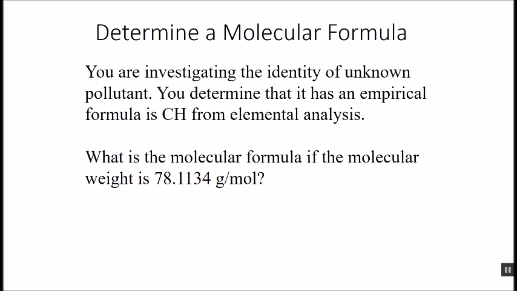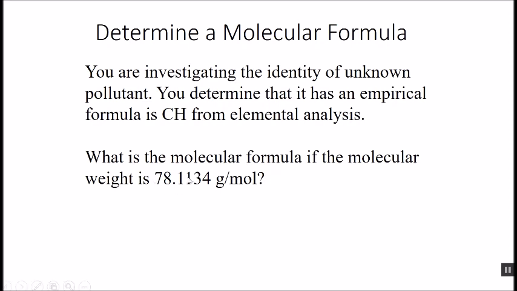Let's suppose we do elemental analysis on an unknown pollutant, and we find that the empirical formula is CH just from that. And using a technique called mass spectroscopy, we find that its weight is 78.1134. So what is the molecular formula?